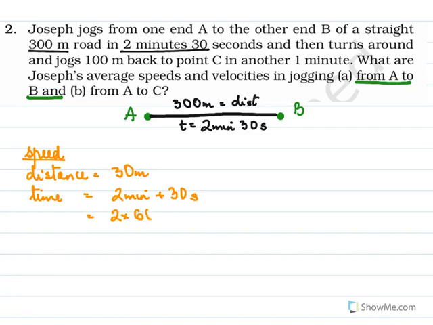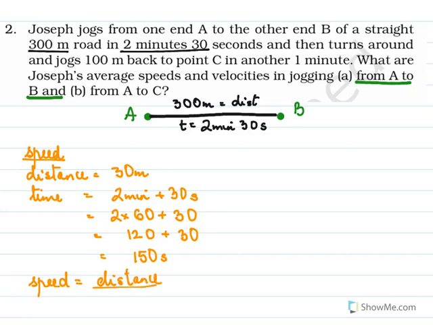Let's convert into seconds. 2 into 60 plus 30, that is 120 plus 30, so the total time is 150 seconds. So the speed we know is distance over time, which in this case is 300 over 150, which is 2 meters per second.